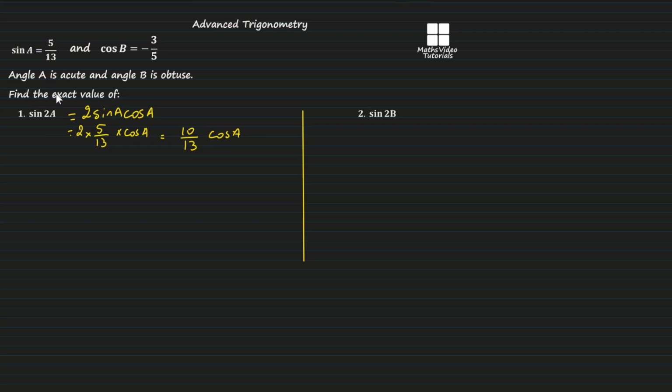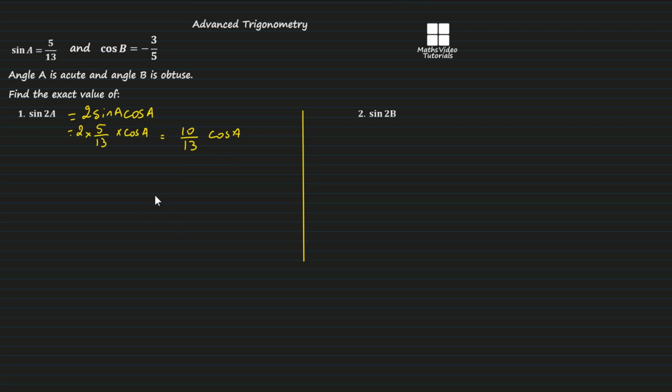We expect sine A to be positive, as it is given to us, and cos A will also be positive in that quadrant. In fact, all three trig functions, sine, cos, and tan, are positive in the first quadrant.